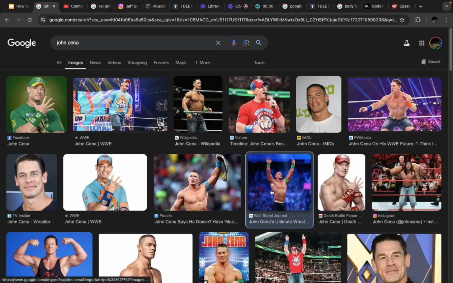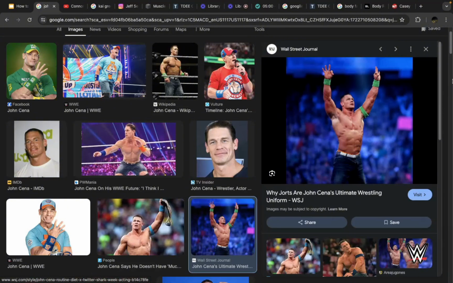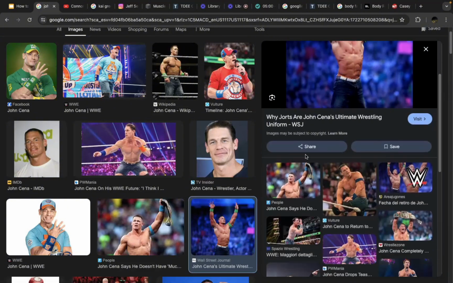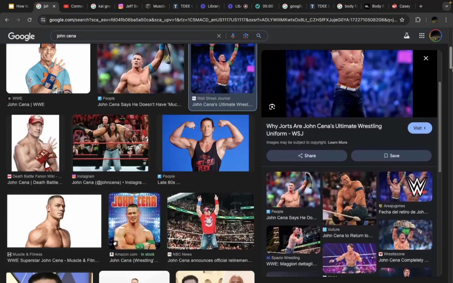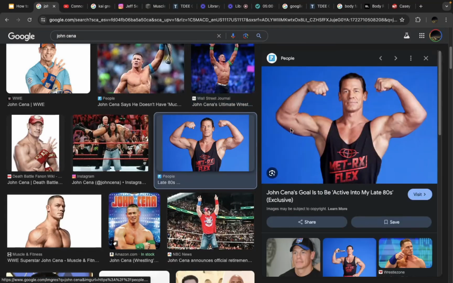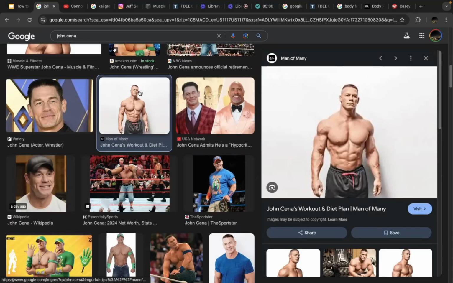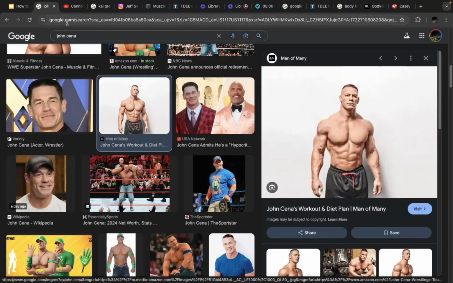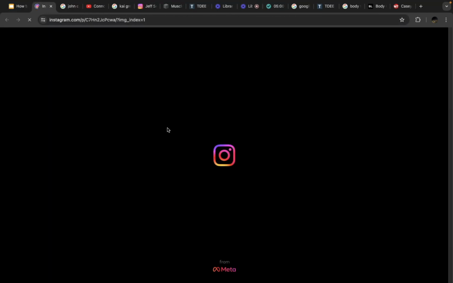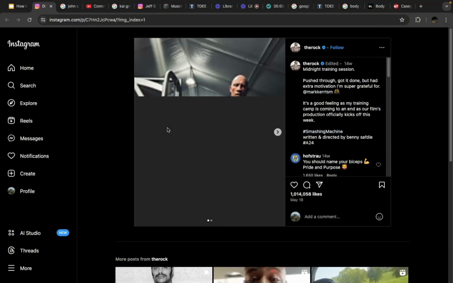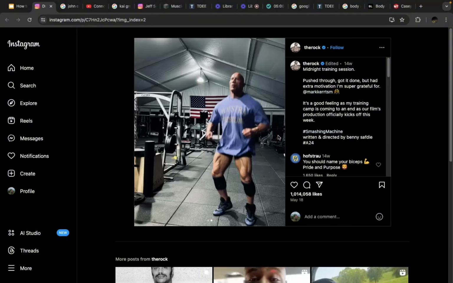He just has way too much muscle mass at his leanness. This is a good photo. Way too much muscle mass at his leanness. I used to think I could become like that as a natural. Now we'll look at The Rock. I mean, this is just self-explanatory. Way too much muscle mass at his leanness.